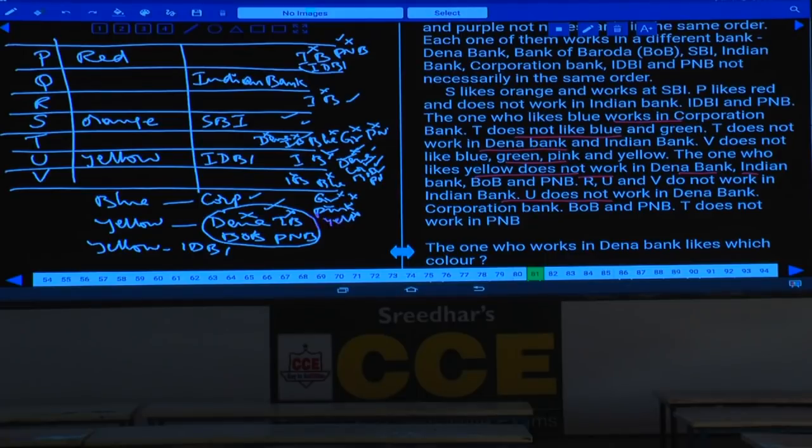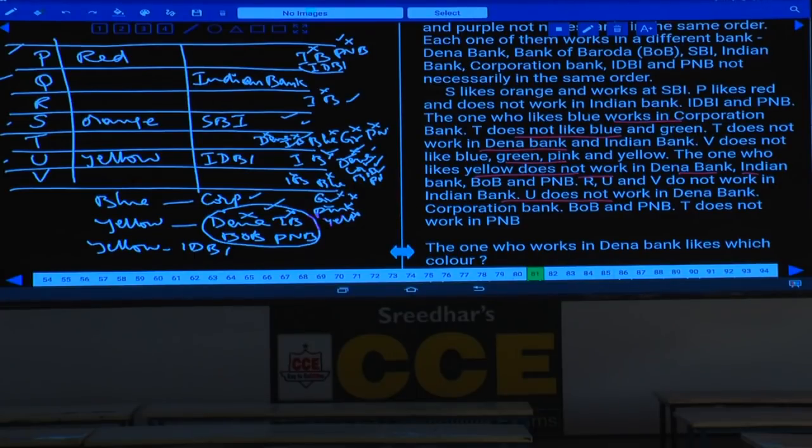Blue and Corporation Bank. Where can this blue and Corporation be? Here it is red, and blue cannot be here, nor here, nor here. What are the different possibilities for blue? Either R, T, or V. The person who likes blue works in Corporation Bank.